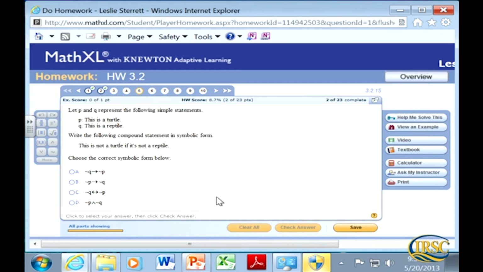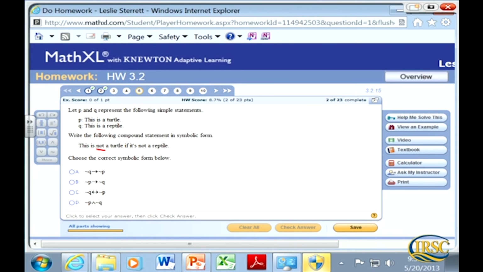This is not a turtle if it's not a reptile. So this time it's multiple choice. And remember, first you're supposed to identify your keywords. So what do you see? Not. Okay, just if.